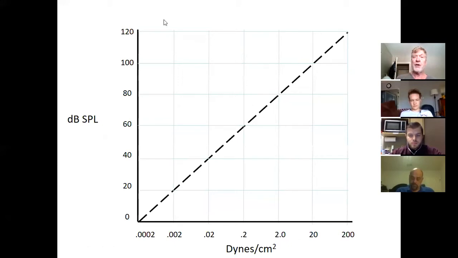So 120 decibels may look like it's 120 times 1 decibel, but in all reality, 120 decibels represents 1,000,000 times the sound pressure that 0 decibels represents. And in that way, we've shrunk 1,000,000 units into 120. And that makes our hearing tests much more doable.